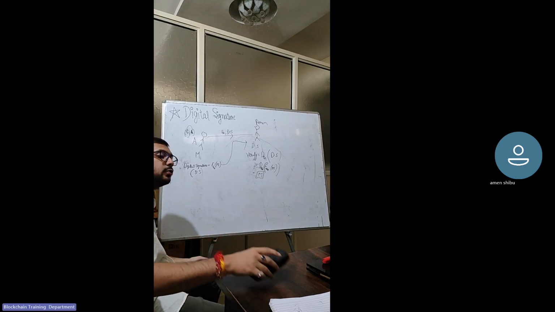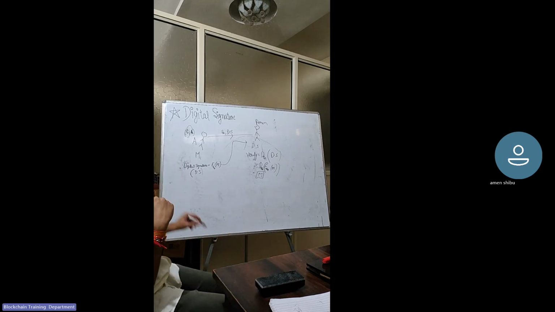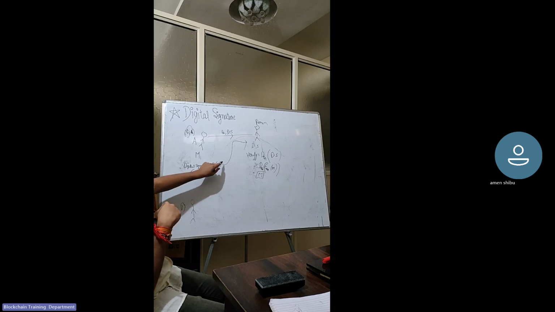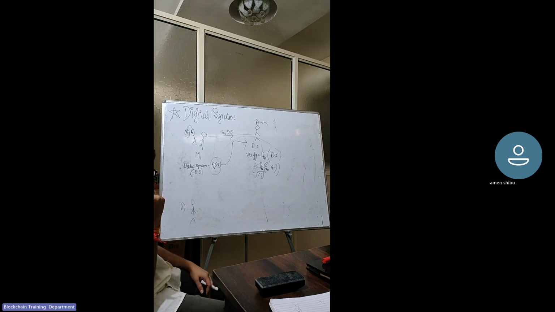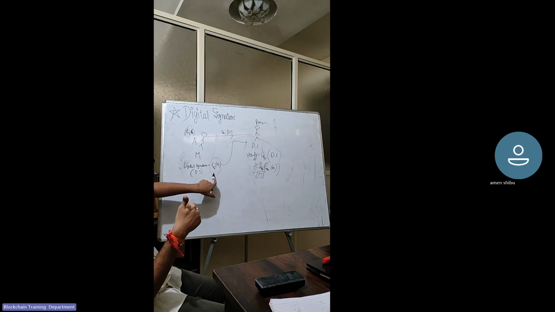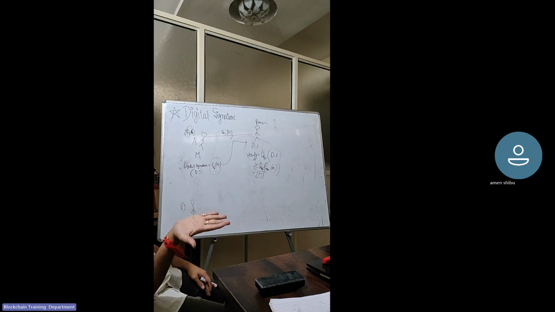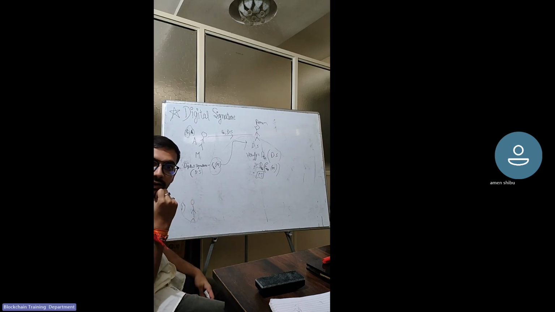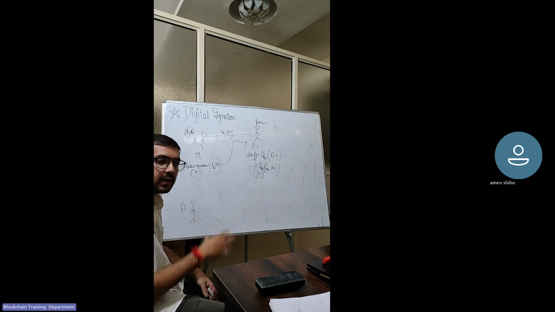But there's also an issue here. For example, suppose this is B. Now B can also see this digital signature, right? Yes, because we are on a public channel. B can also see the public key of A because it is visible to everyone, right? So he can also verify the digital signature of A, but I don't want B to verify my digital signature.